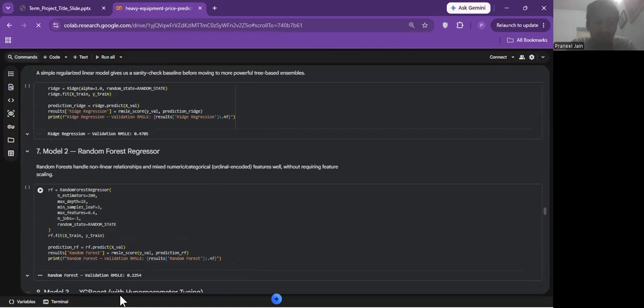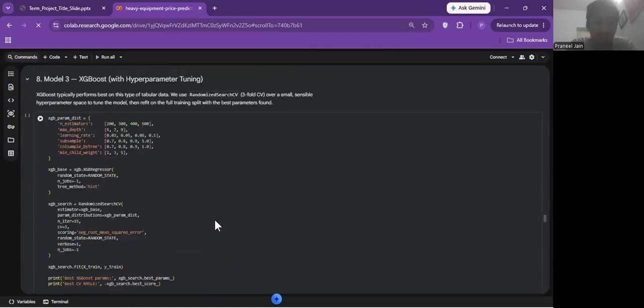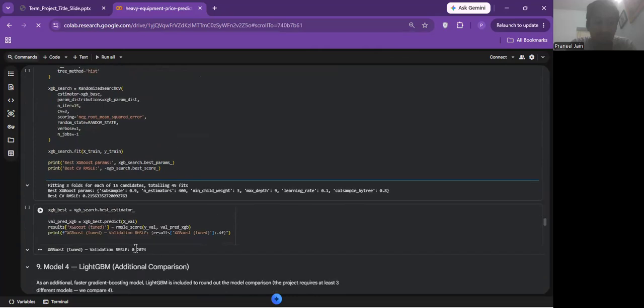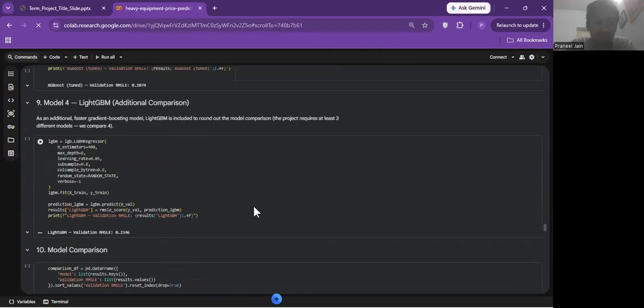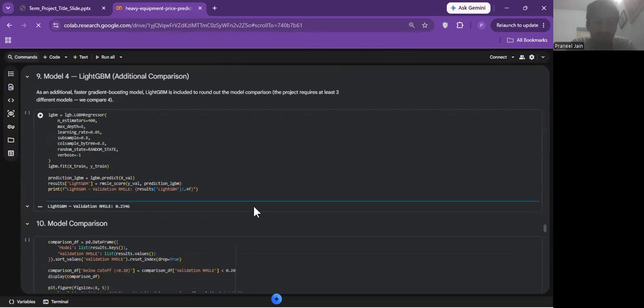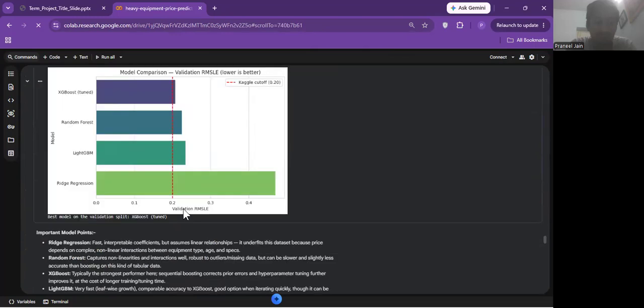The third, XGBoost, has shown us 0.2074, which is tuned. The last one is LightGBM, which has shown us 0.2346. So this is our model comparison, as we can see below here.